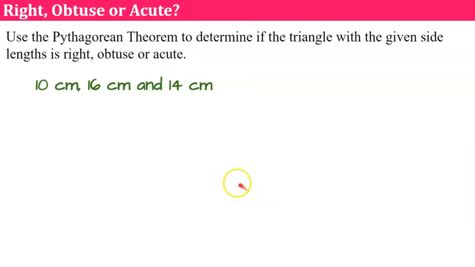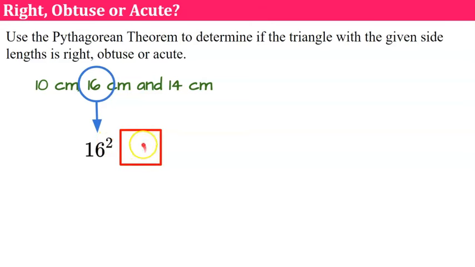Let's put this into action. We're given that we have a triangle with 10, 16, and 14 centimeter sides. We identify our longest side and square it, and we need to figure out what goes into this box. Is it going to be equal, greater, or less than? And we take our two smaller sides, square them, and add them together.